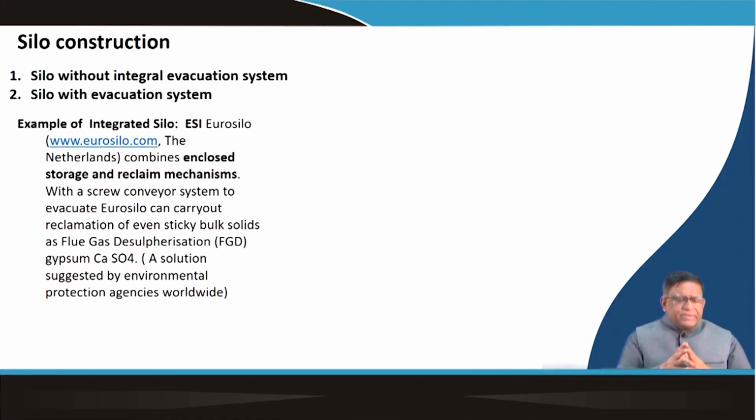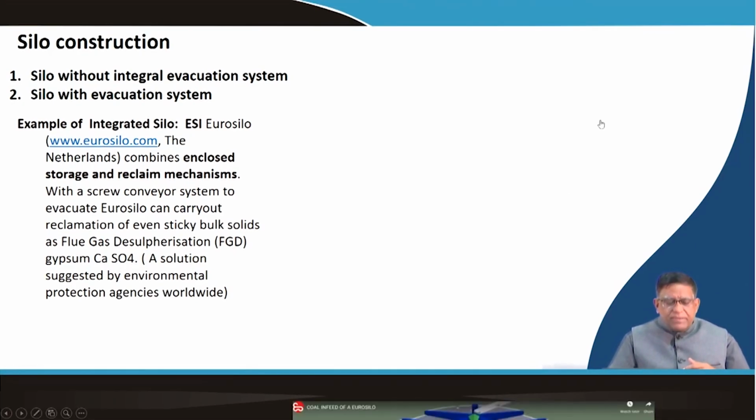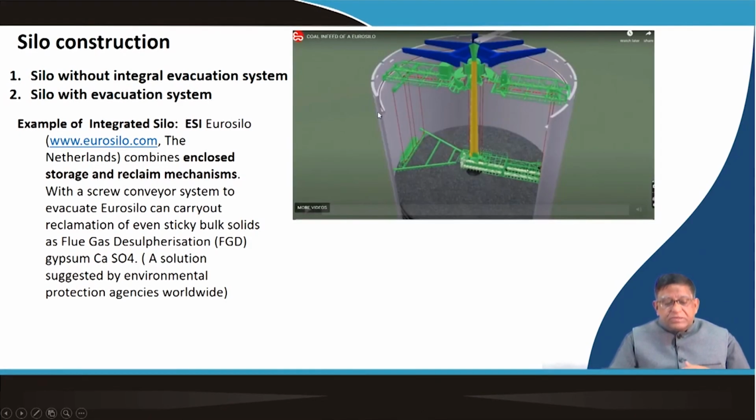Now, there are different types of silos available in the market, but one is the very large silo designed and manufactured by a Netherlands company like ESI Eurosilo. You can see some of the types of silo they have constructed here.